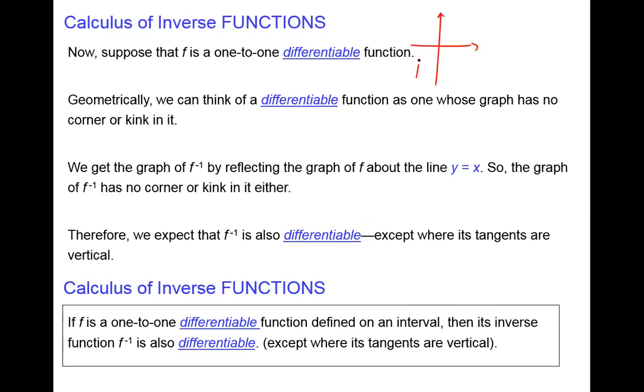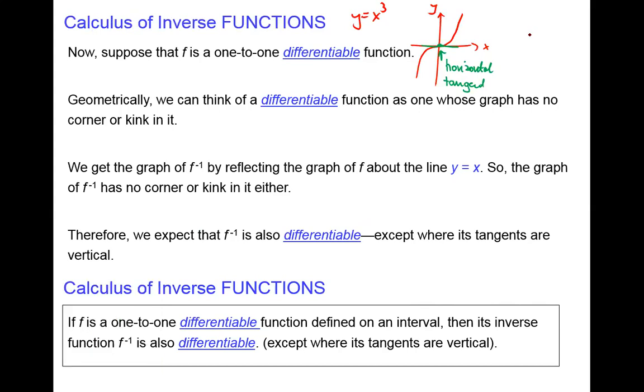This is the function we talk about a lot, x cubed. You probably remember from calculus 1 that the function x cubed at 0 has a horizontal tangent. It's not a local extreme value, but it's a horizontal tangent.